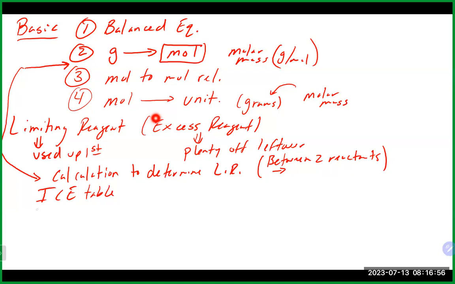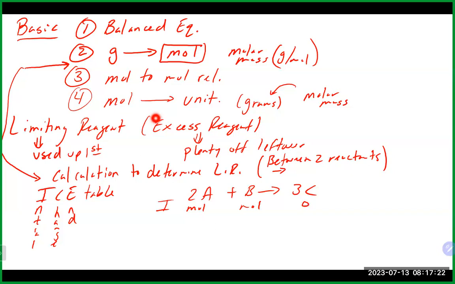And again, here, that's initial, that's change, and that's end. If we did have an equation such as this, we would start the first 2 steps just like normal. We're going to convert everybody into moles. We will have moles of this guy, moles of this guy, and we assume we have none of our product to begin with.